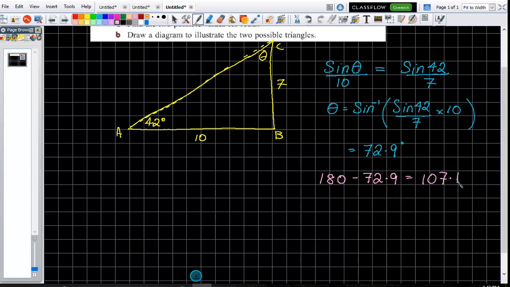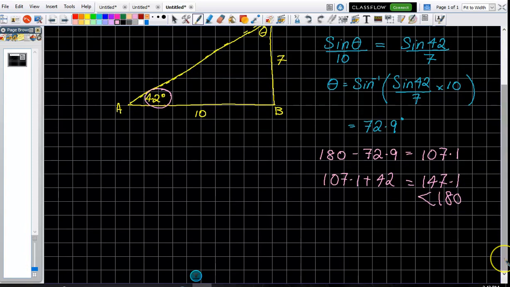And now we add it to this angle here. What is 107.1 plus 42? 147.1, which is clearly less than 180. So therefore, both of these answers, this answer and this answer, could be the angle.